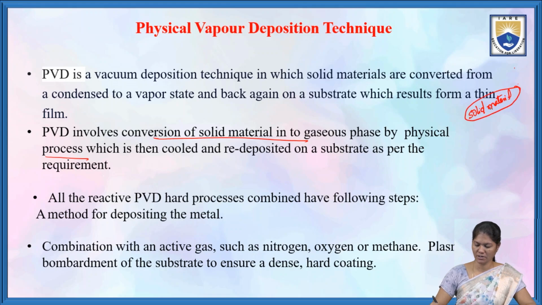So, taking solid material and converting it into gaseous phase, then letting it cool, it can be changed or converted into a condensed form.